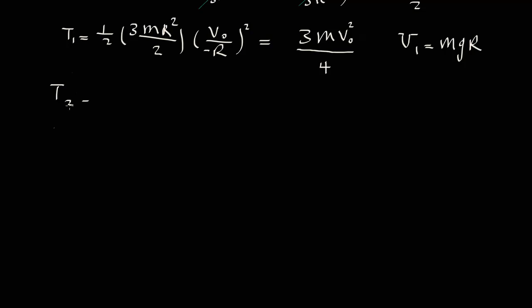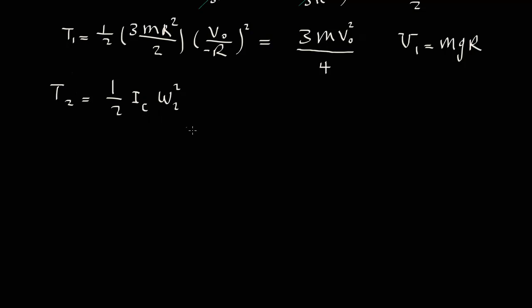So 1 over 2 m vc squared. Sorry, this term is equal to 0, so I should just write down 1 over 2 Ic ω2 squared.